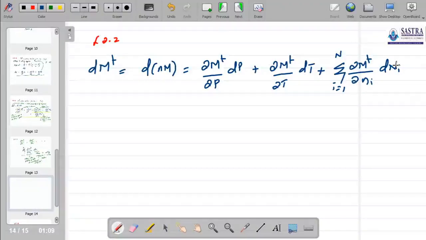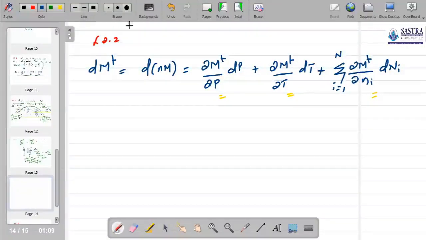Now, is this complete? There are some more things to be included to make it more appropriate. There are some things hidden in these terms. Can you identify those? When we say that pressure is changing and this is the contribution of pressure, what about the other terms?